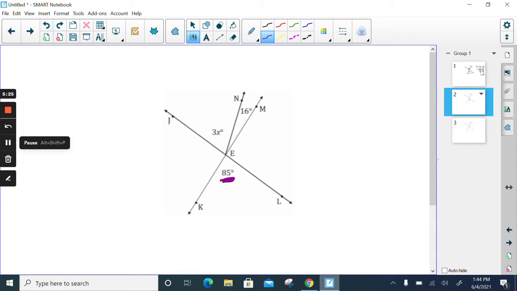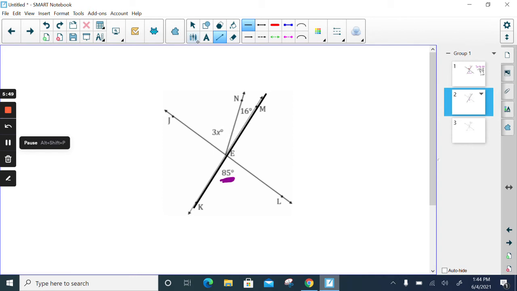Because even though we don't know the angles that are next to 85, we do have an angle relationship here. If we take a quick look at this, we have a line here with JEL. Or if you didn't want to use that line, of course, we could always use this one of KEM, which is also a straight line.